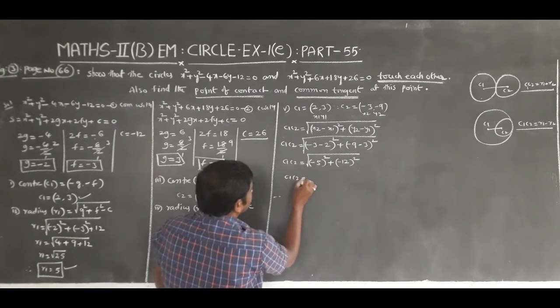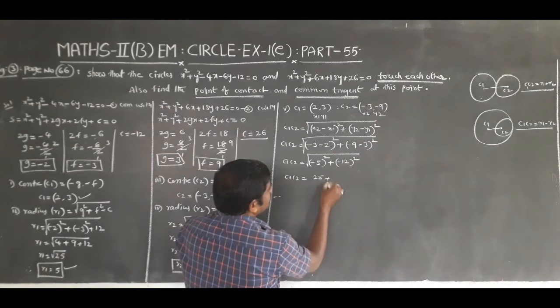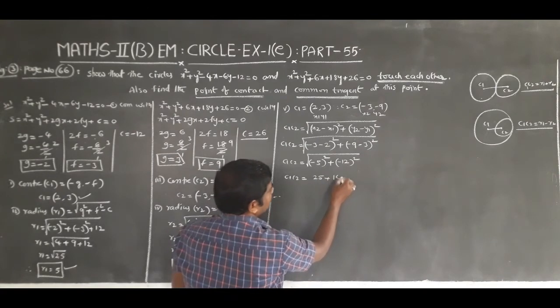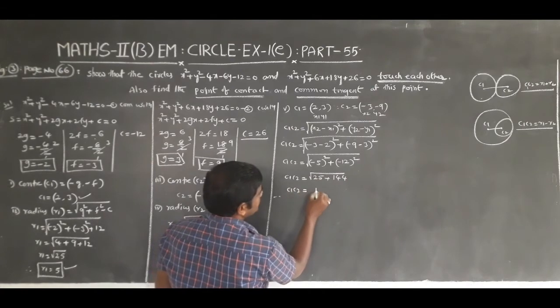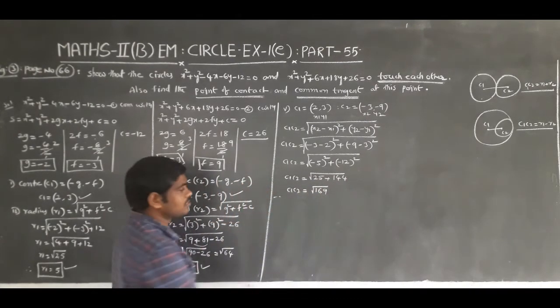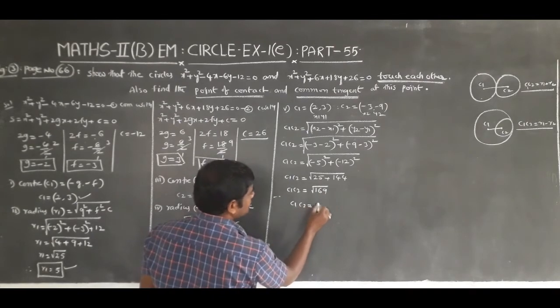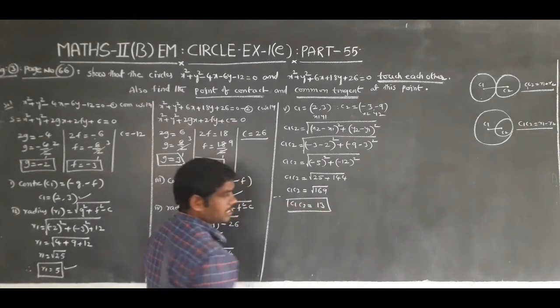C1C2 is equal to the square root of 25 plus 144, which is 169. C1C2 is equal to root 169, which means 13.